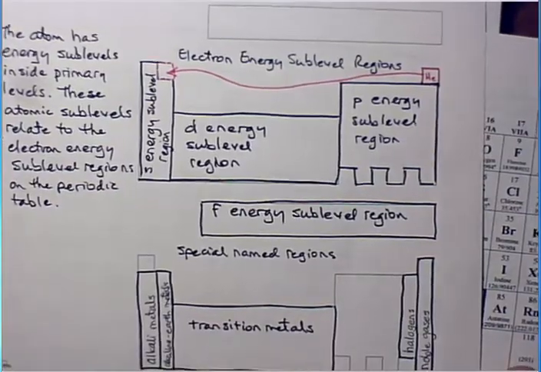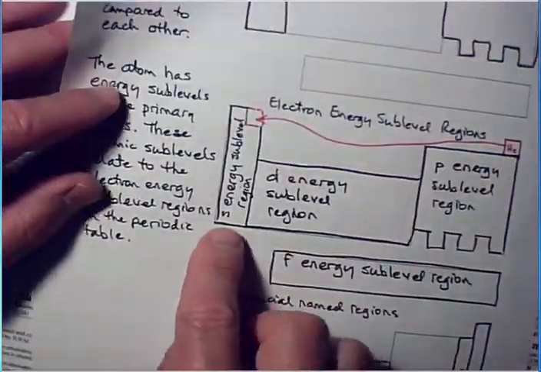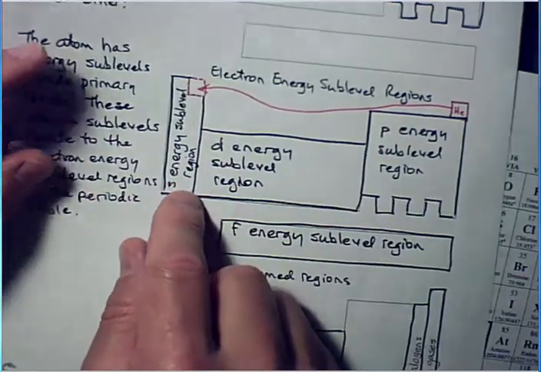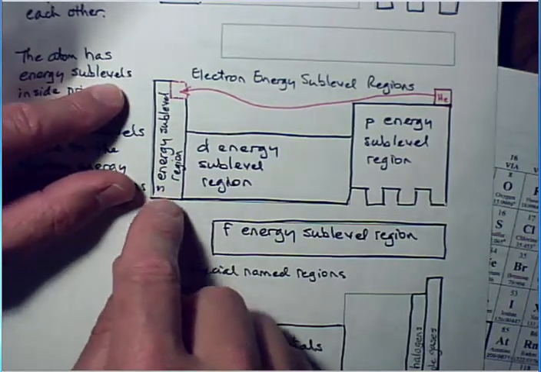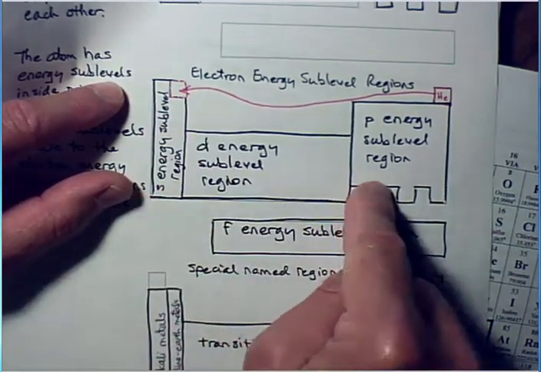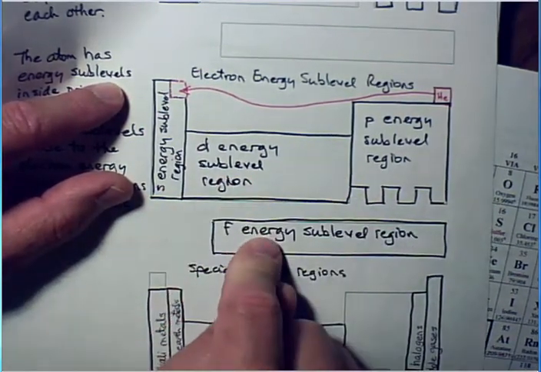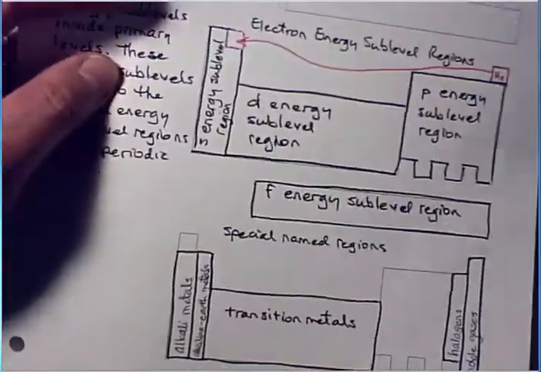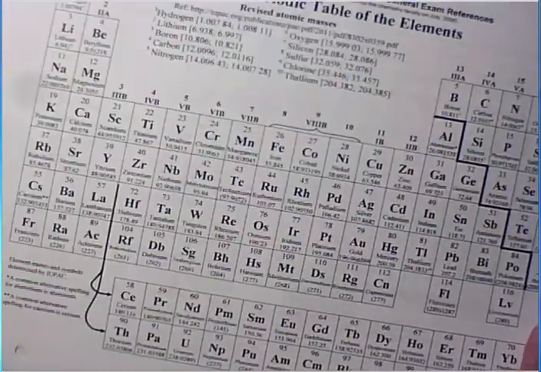Because what we're going to start doing now requires both these tools. Now eventually, in fact for the test, you're not going to have this. You're going to have to know this by memory. By the time we get to the test, I hope you're going to know what the S sublevel region, P sublevel region, D sublevel region, and F sublevel region are, and where they are on the periodic table without needing this reference.